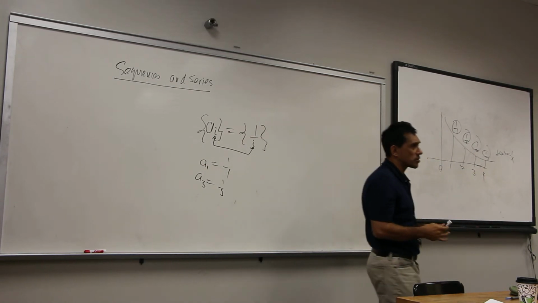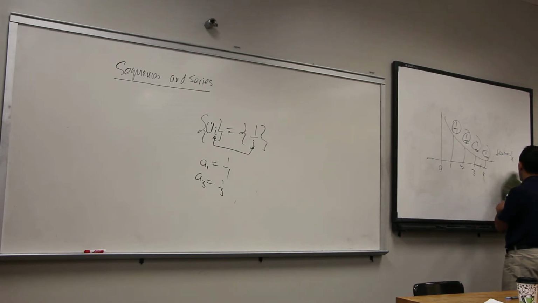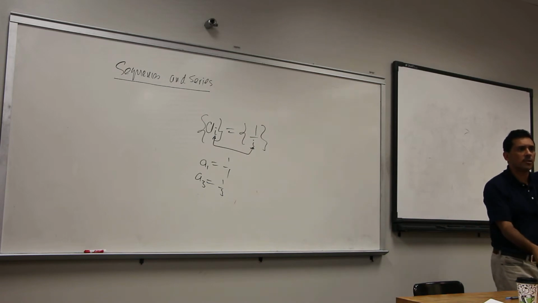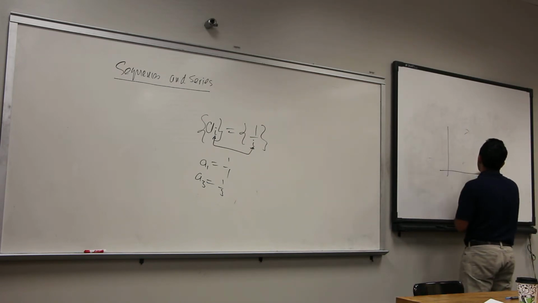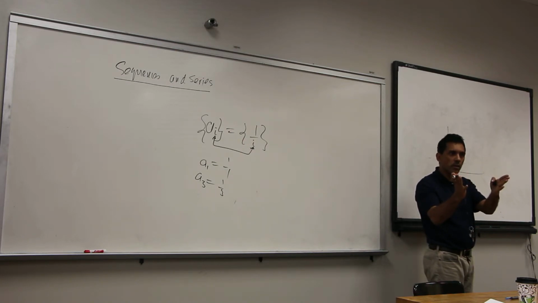Okay, let's try it with another function. Who can give me a little more complicated a function than that? Give me a line, any line you like. 2x plus 1.